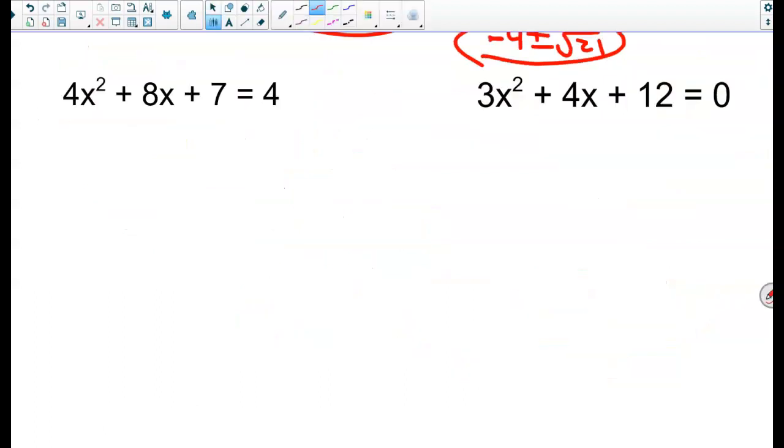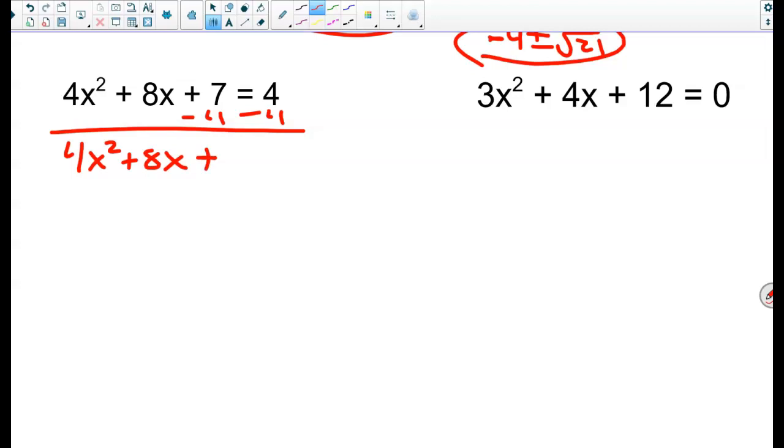All right, so if you're not equal to 0, you've got to get there first. So 4x squared plus 8x plus 3 equals 0. You got to get there first, and then we establish what A, B, and C equal.